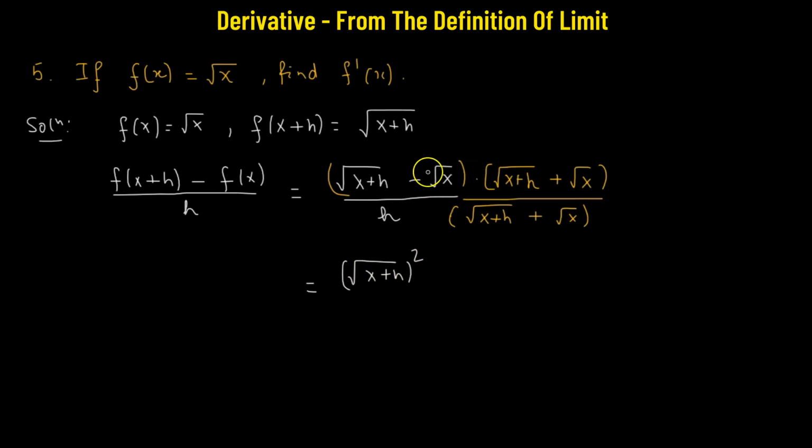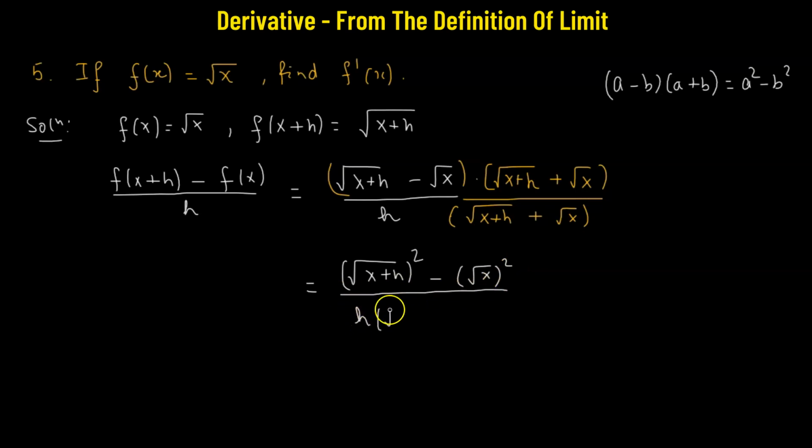Here we have used the identity a minus b times a plus b is equal to a squared minus b squared. So we get square root of x plus h whole squared minus square root of x whole squared, divided by h times square root of x plus h plus square root of x.